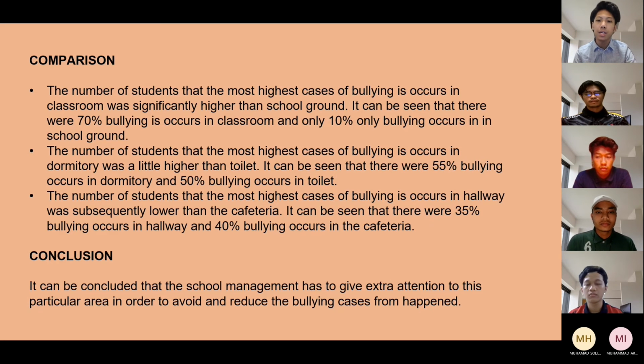It can be seen that there were 35% bullying in the hallway and 40% in the cafeteria. The conclusion is that the school management has to give extra attention to these areas in order to avoid and reduce bullying cases.